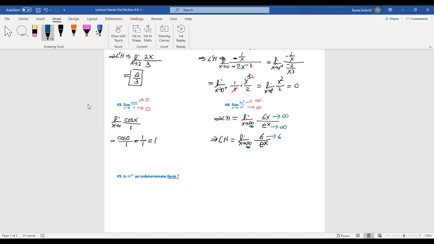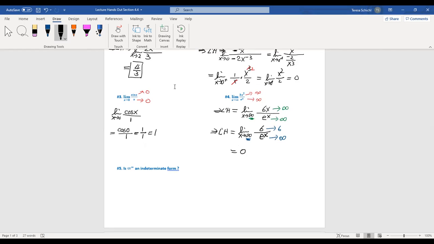Now x approaches infinity. So what is the bottom here? The bottom is infinity. So what is 6 over infinity? It is zero here. So for the function, you can apply L'Hopital's rule many times here, right? Till you reach the answer here.